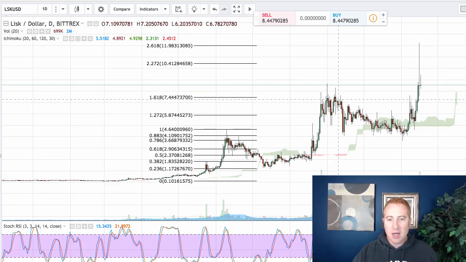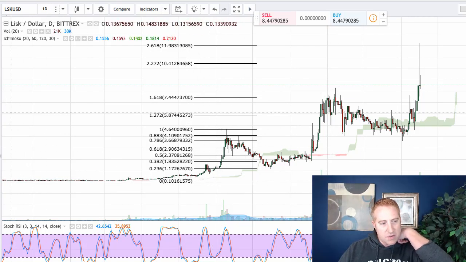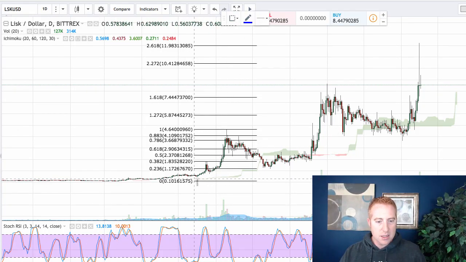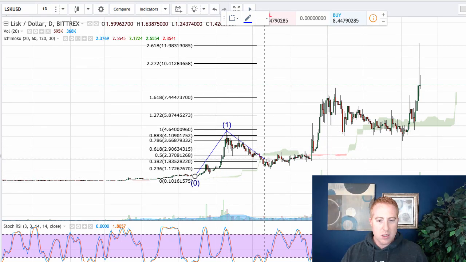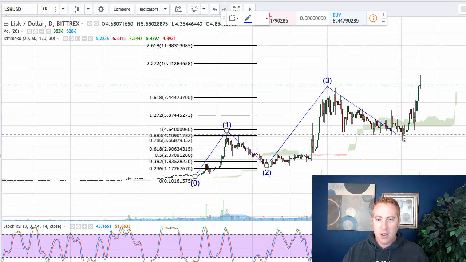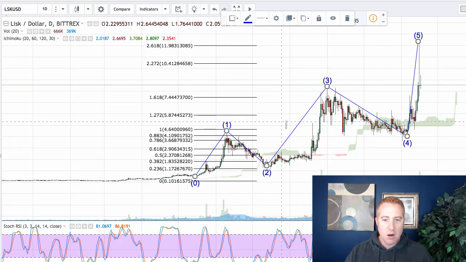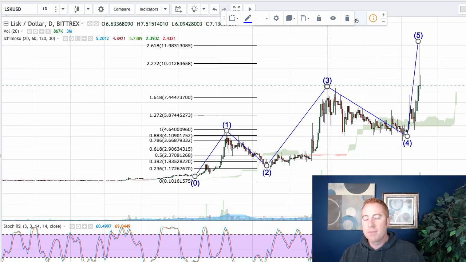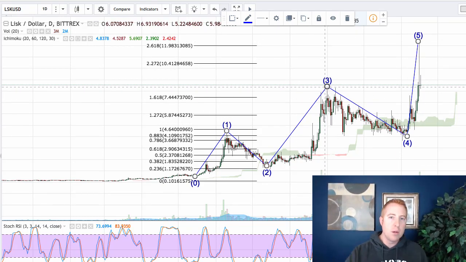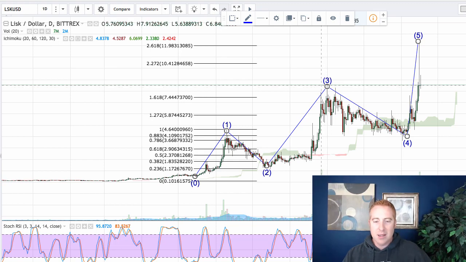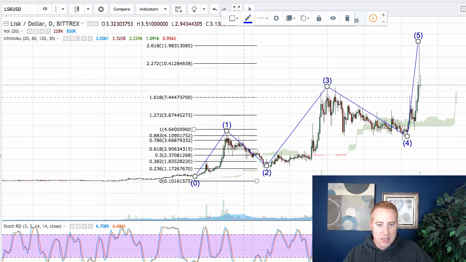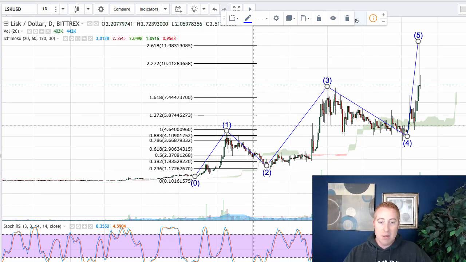So we have the 1, 2, 3, 4, 5. A lot of times this 3 will come up to around the 1.618, somewhere in there. You can see that it actually went a little bit above it. So that was a good target for 3 if you wanted to get out there if you got in really low.